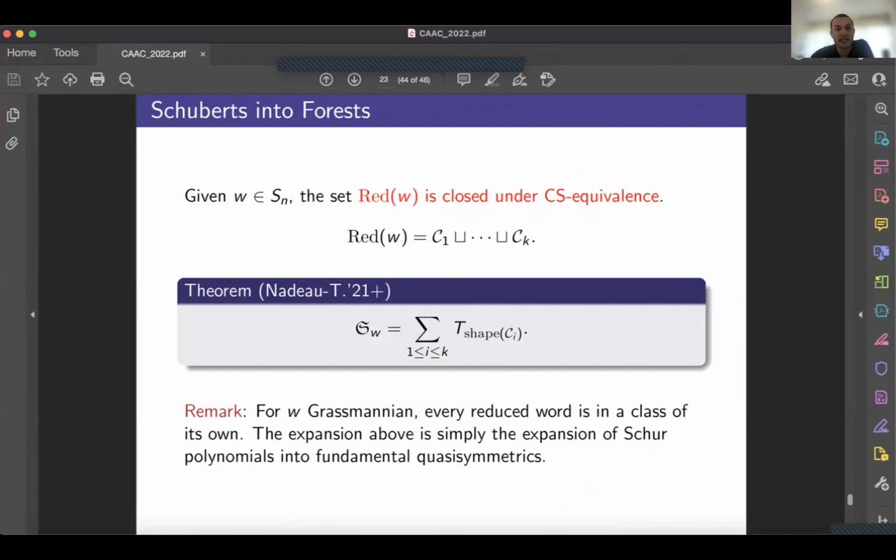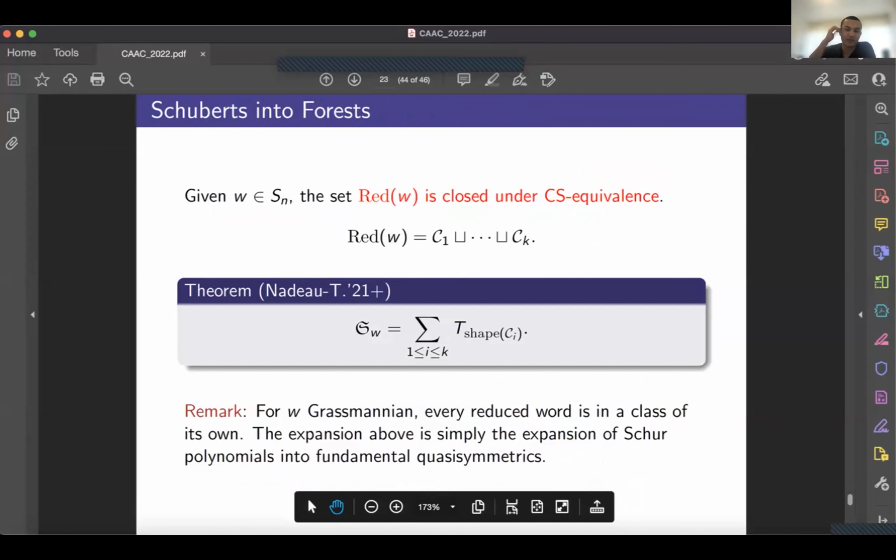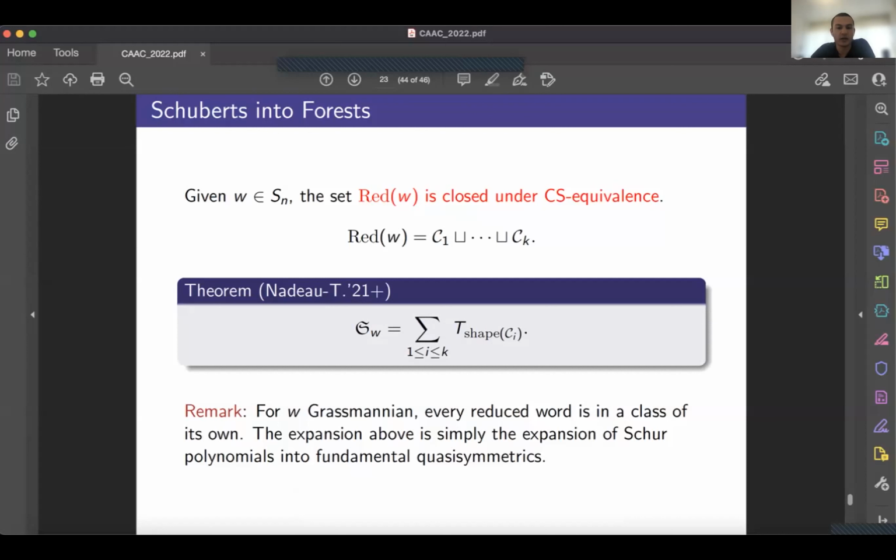In particular, the set of reduced words decomposes disjointly into these equivalence classes. Each class has an attached forest, its P symbol, the shape, and then the Schuberts decompose as a sum of these forest polynomials. And when you quotient this by the quasisymmetric ideal, the forests with components are thrown away, and whatever else survives.